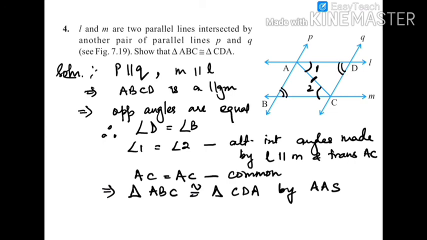So marking angle D and B equal, angle 1 equal to 2 and AC common. So we have two angles and one side of one triangle equal to two angles and one side of the other triangle. And notice that this side is not included in between the equal angles. So these two triangles are congruent by criteria angle side.